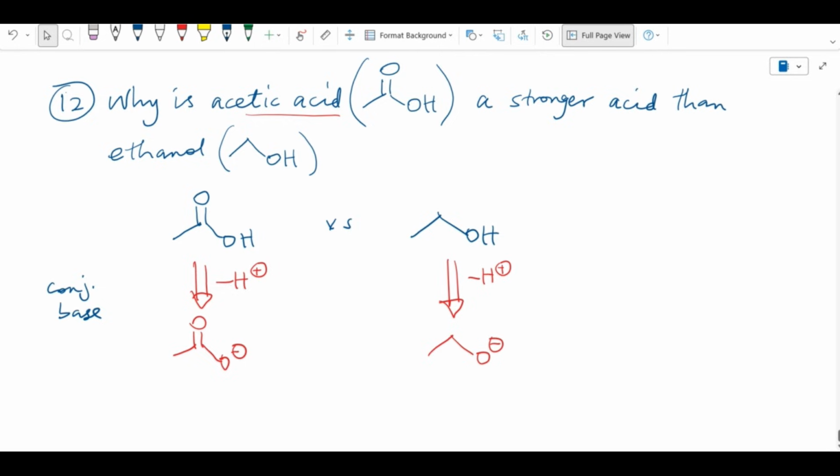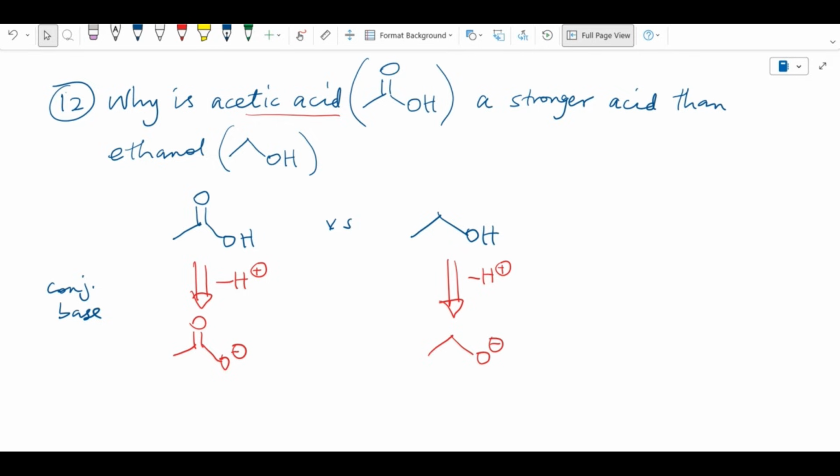Whichever conjugate base is more stable will give you the stronger acid, because the acid wants to lose its proton rapidly to form a more stable conjugate base. But any acid that forms a less stable conjugate base doesn't want to form it, because naturally compounds want to form something that is more stable.